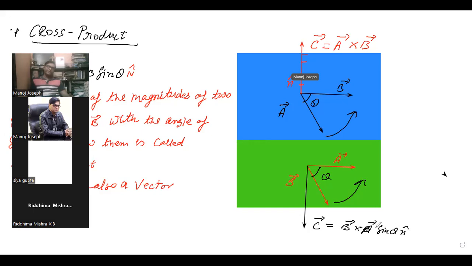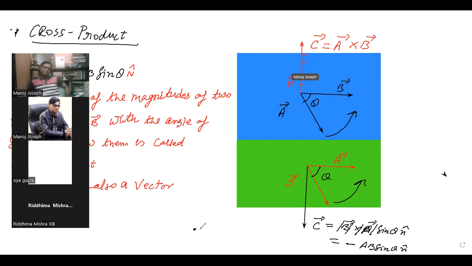B cross A is the same, AB sine theta n cap, but B cross A means negative of AB sine theta n cap, because the direction is opposite. In the previous case, it was pointing upward, and here it is downward, in the opposite direction.